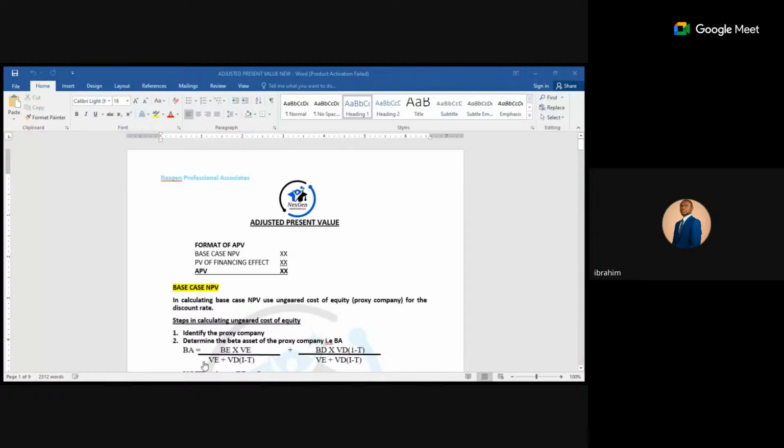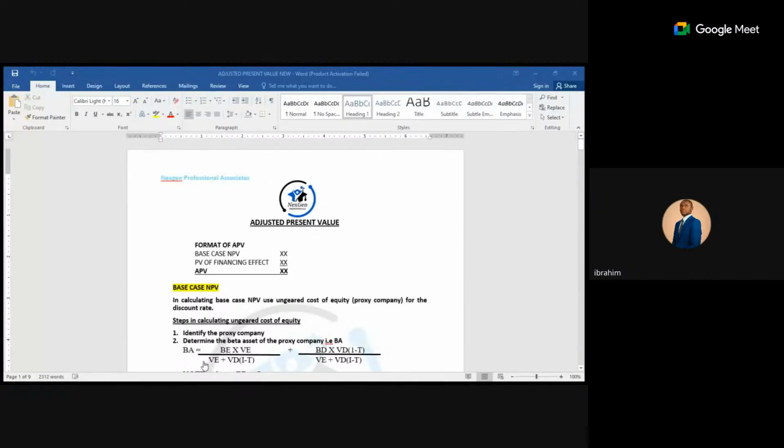In calculating adjusted present value, there are two items. One, the base case NPV and the PV of financing effect will give us adjusted present value.